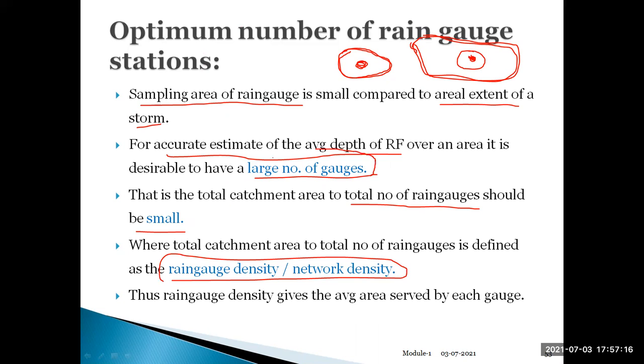The number of gauges should be large, but the rain gauge density, that is area to number of gauges, should be small. Obviously, if the number of rain gauges is more, then the rain gauge density is less, because it is inversely proportional. Thus rain gauge density gives the average area served by each gauge.